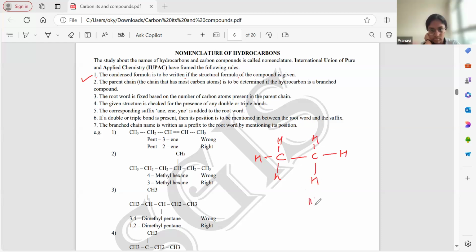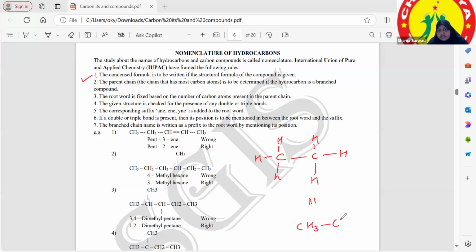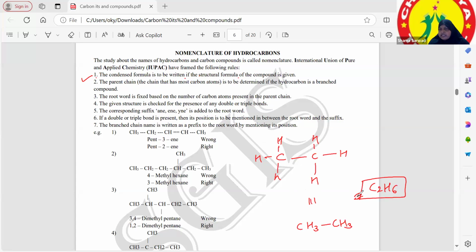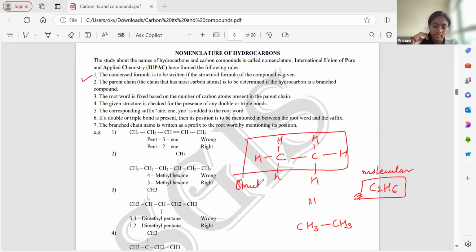It should be written as CH3-CH3. Or else you can write it in this form as well, C2H6. You can write it in both ways, but this is a molecular formula, not a condensed formula. This is the molecular formula, this is the structural formula, and this is the condensed formula.